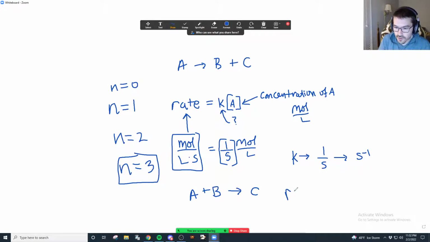The general form of the rate law would be K times the concentration of A to the power of n, times the concentration of B to the power m. Let's say n is equal to 1 and m is equal to 2. Then the total order for the reaction would be 3. That's the terminology: the total order would be third order. It's first order with respect to A, second order with respect to B.